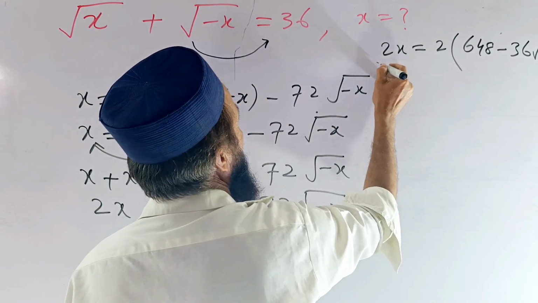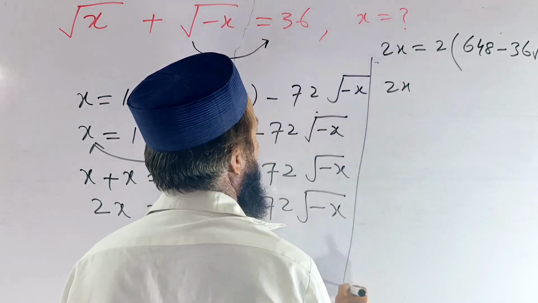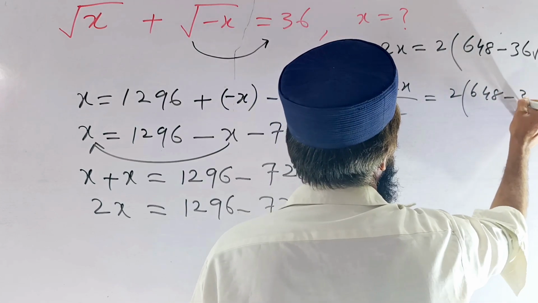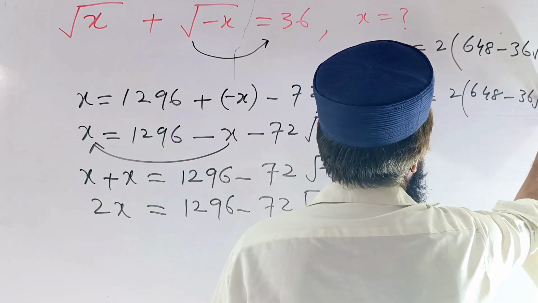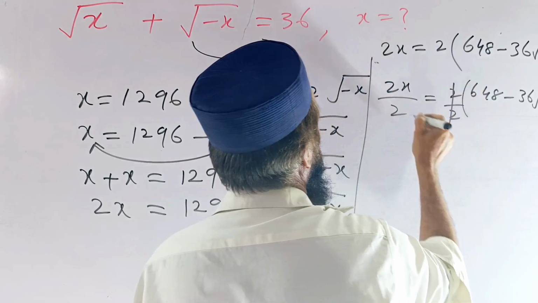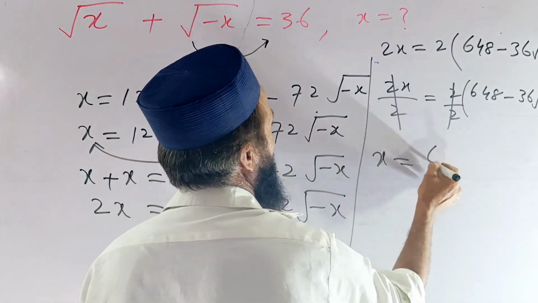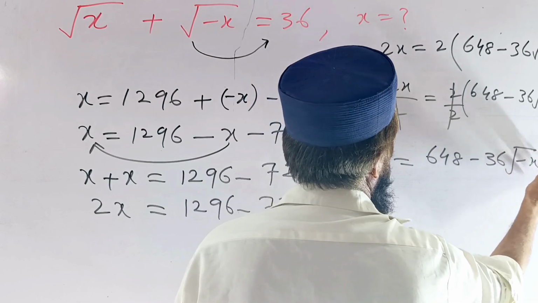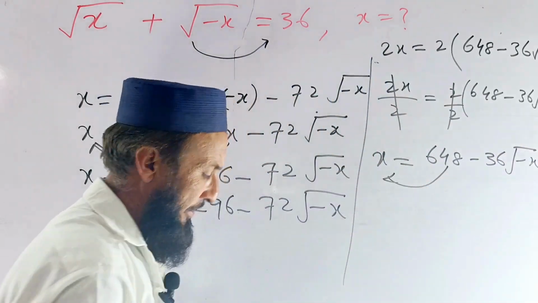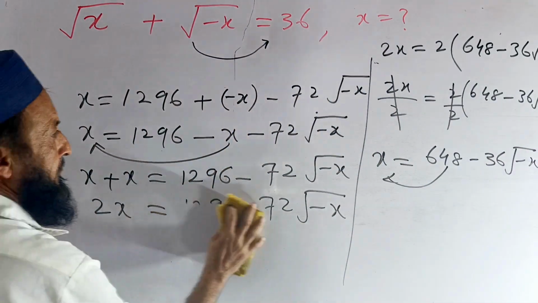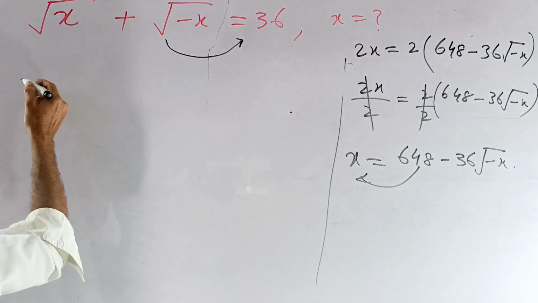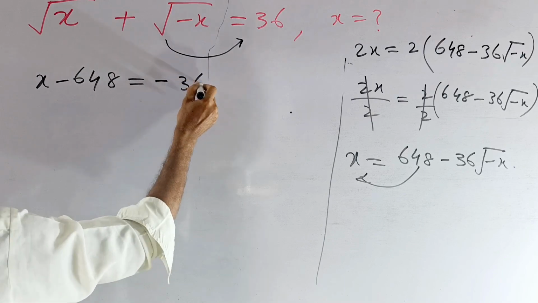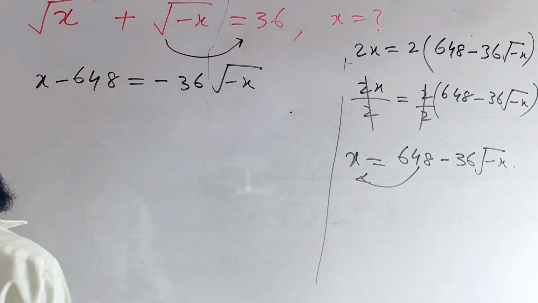Now dividing both sides by 2, the 2 is cancelled, and x is equal to 648 minus 36 under the root of x. Now we transfer this result, so we get x minus 648 is equal to minus 36 under the root of x, which is the remaining term.